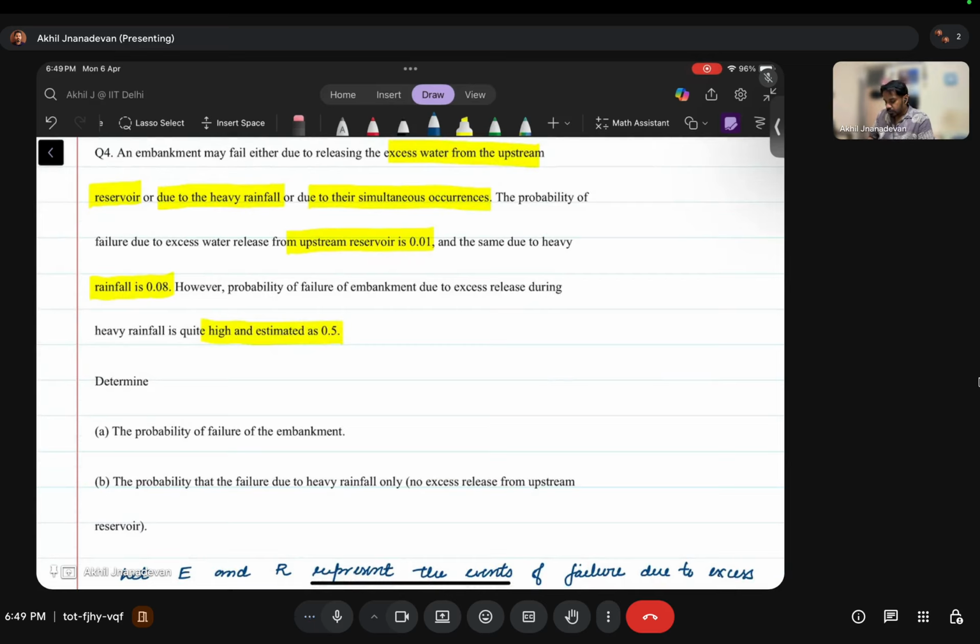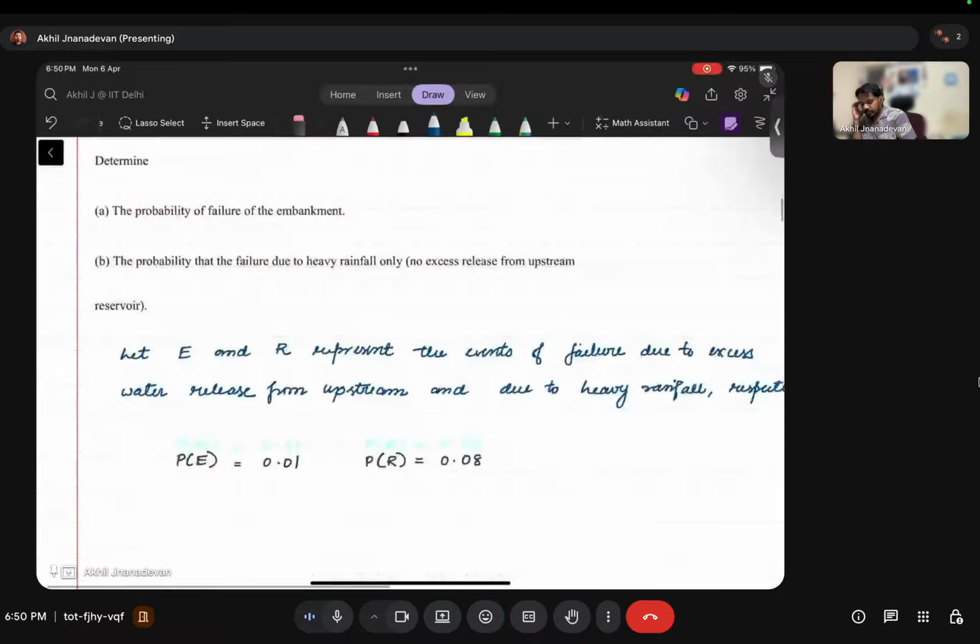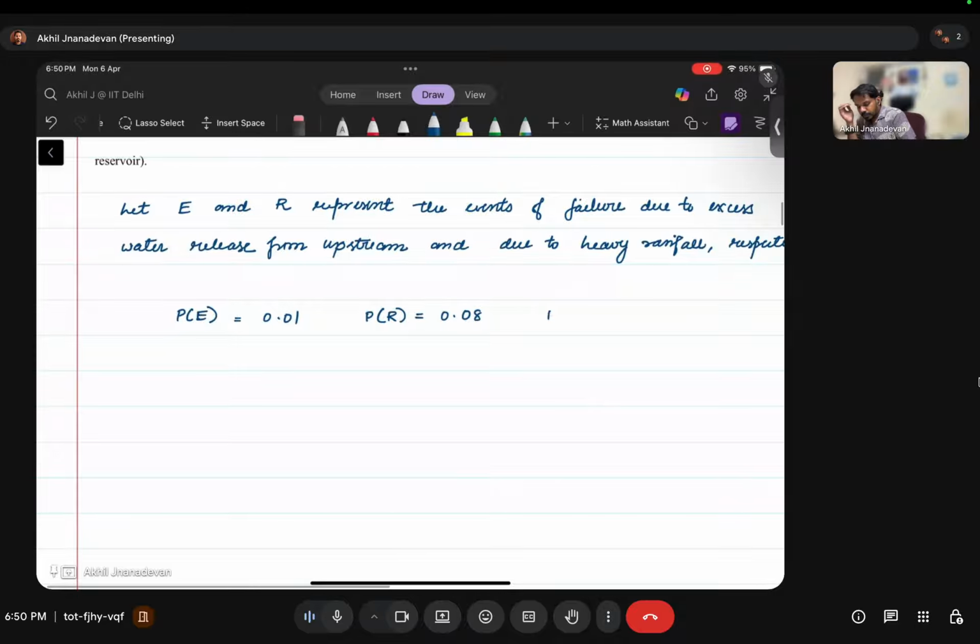That is the probability of failure of the embankment due to excess release during a heavy rainfall day. That means it is a heavy rainfall day, which is already given to you, right? That means it is a heavy rainfall day that is already given, and the embankment will fail due to excess release. That is nothing but P of E given R.